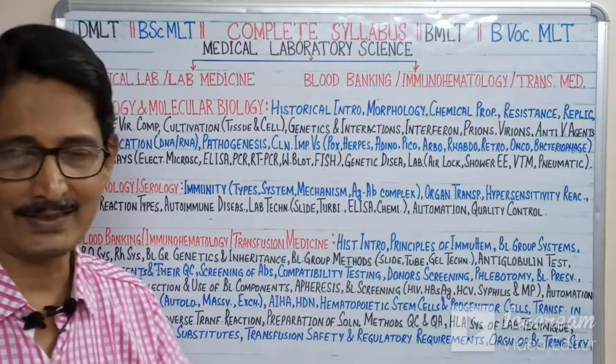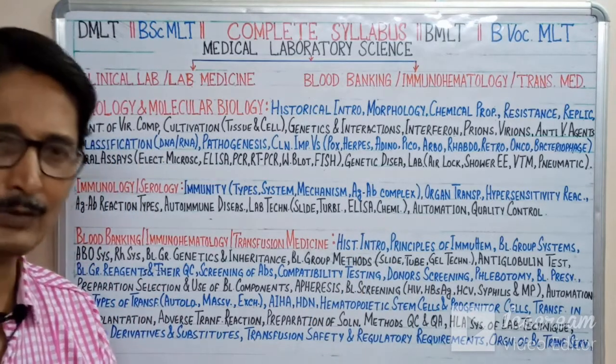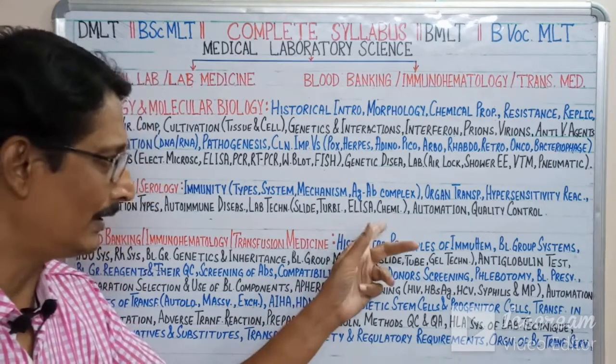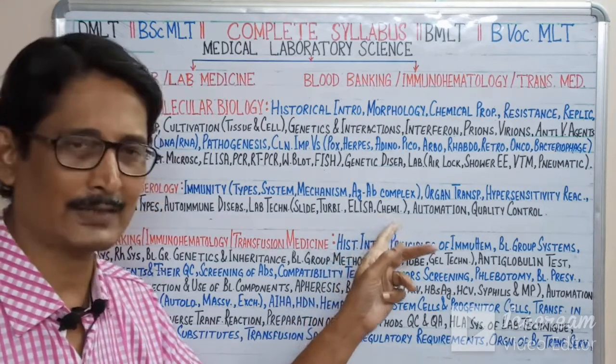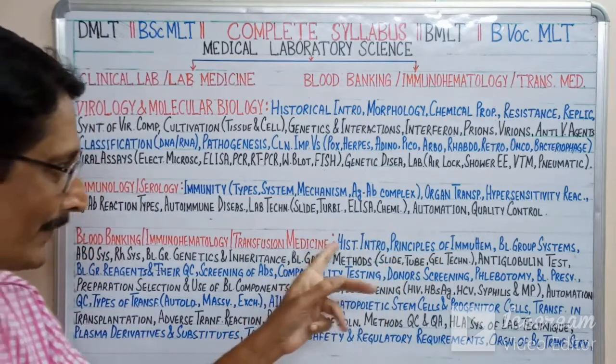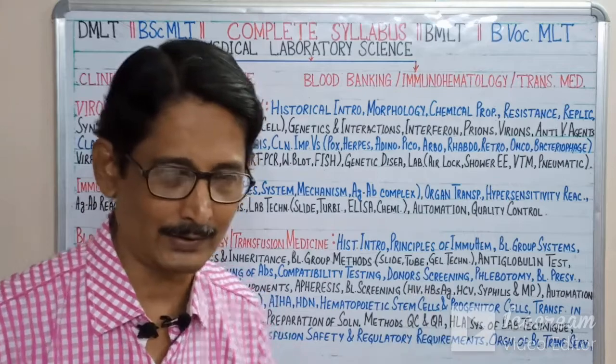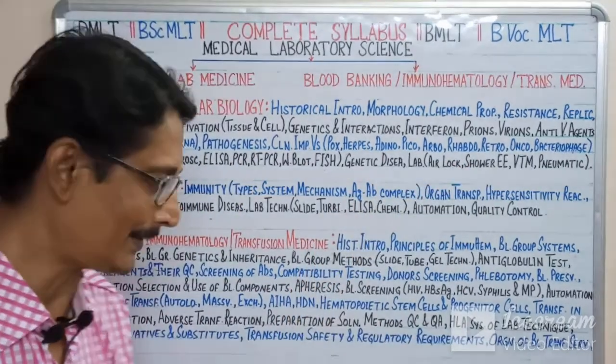And chemiluminescence is totally automated, done by an automated machine. We generally do this type of chemiluminescence test. After that you have to study the automation and the quality control like the other chapters.